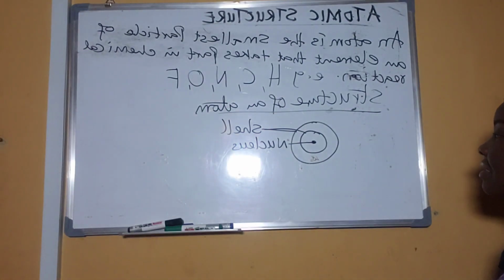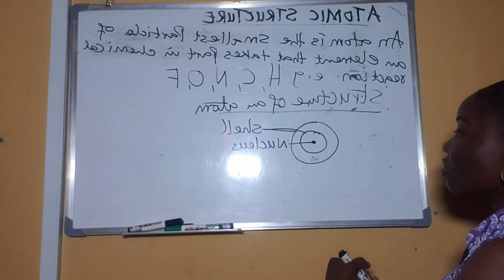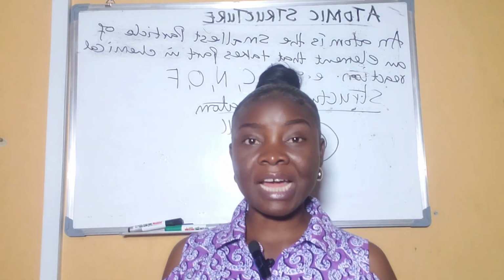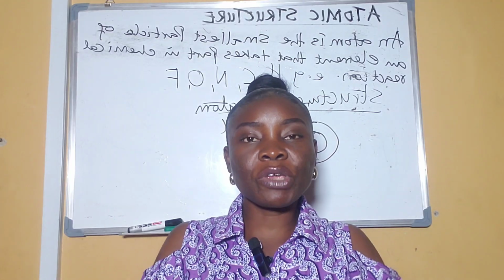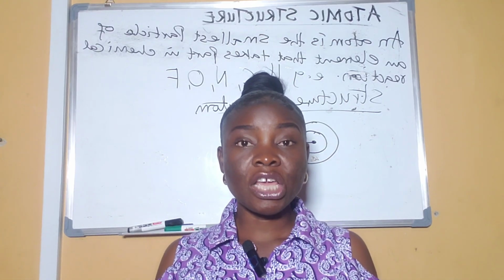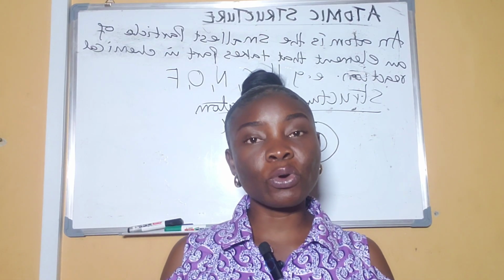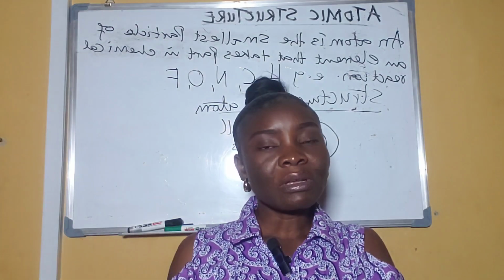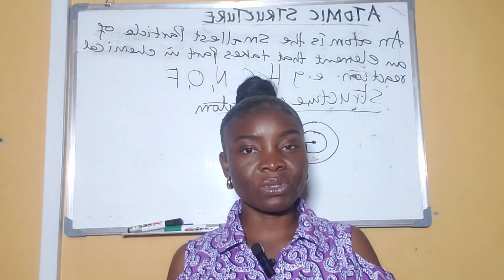Now, having said that, let us look at the subatomic particles. Remember I mentioned that the shell is the area where you can find the electrons, whereas the nucleus contains the protons and the neutrons. These are called subatomic particles.